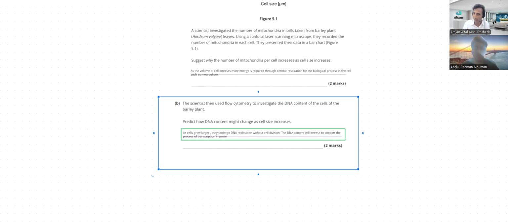If the question said the DNA content might change, I was a bit confused. Are they referring to mutations? Yes, exactly, might change. I thought they should have said might increase, so I would get a better answer. When they say might change, I thought the sequence of amino acids would change.